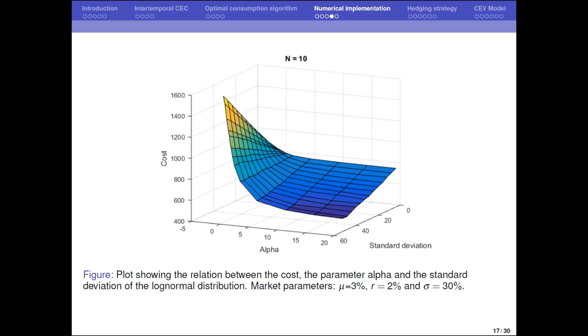And well, what can be said about this? It's more costly if I have a negative dependency structure in my consumption, which says that if I consume a lot this time, I will consume less the next time.